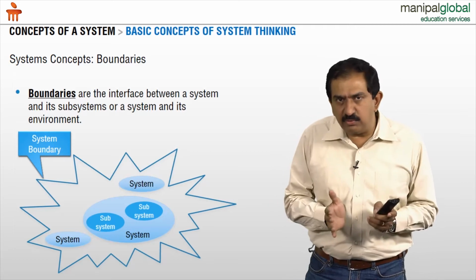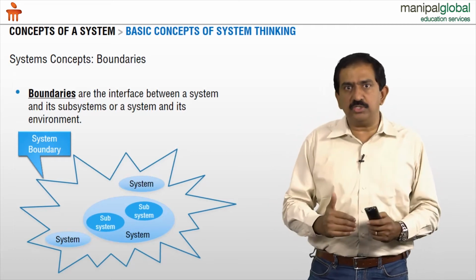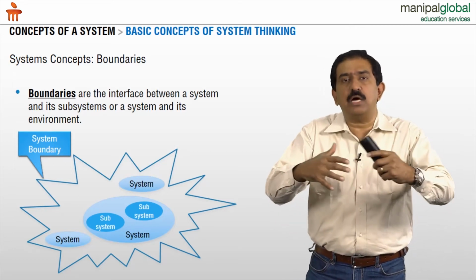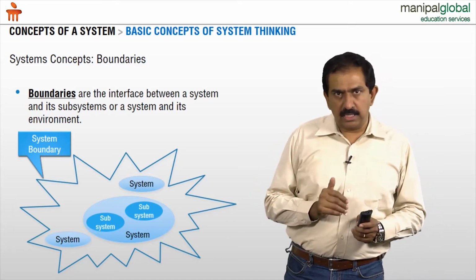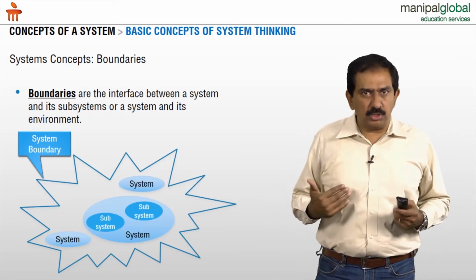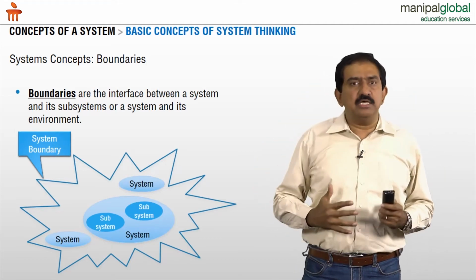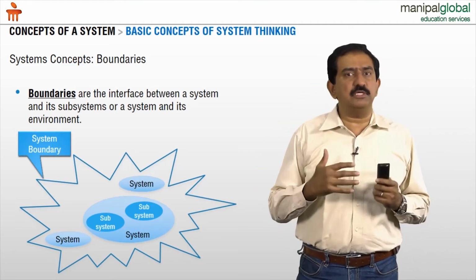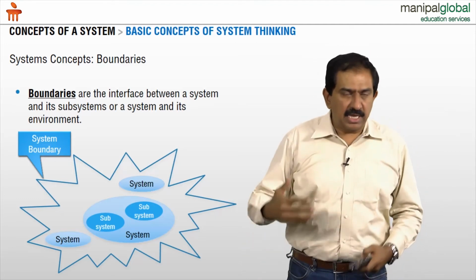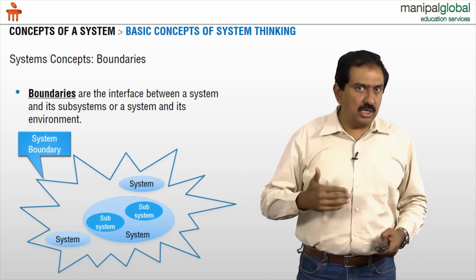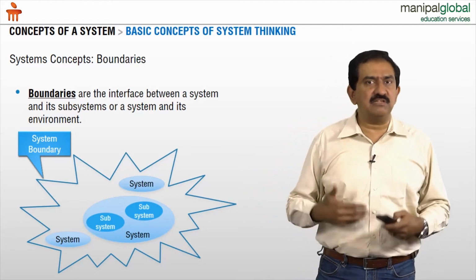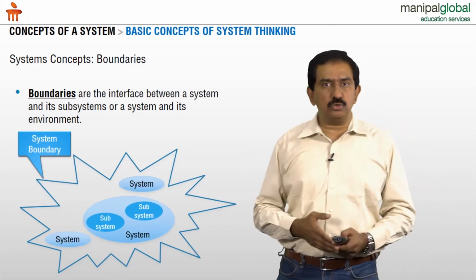Therefore, anything that happens within the boundary is internal to the system, and anything that happens outside of this boundary is external to the system. For example, in the human body, typically the skin is considered the boundary of the human body as a system, and the skin takes a lot of inputs from the external world, and the human body changes its behavior based on those inputs.